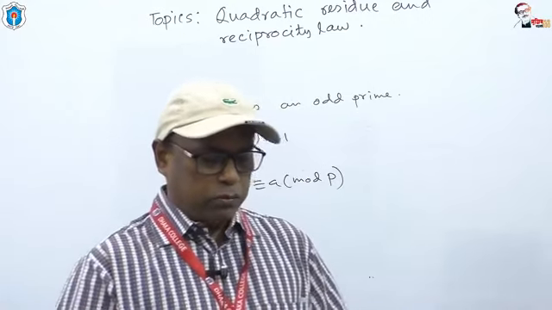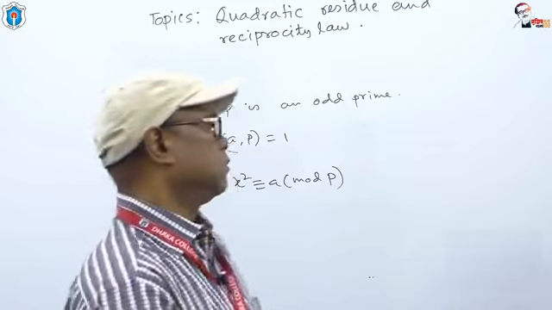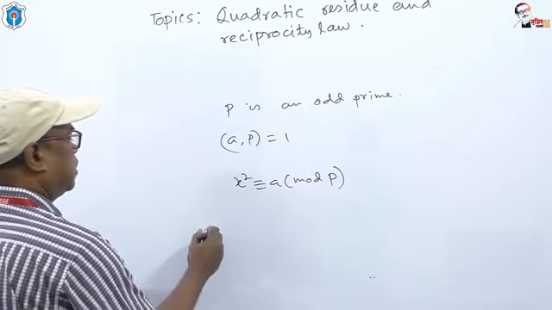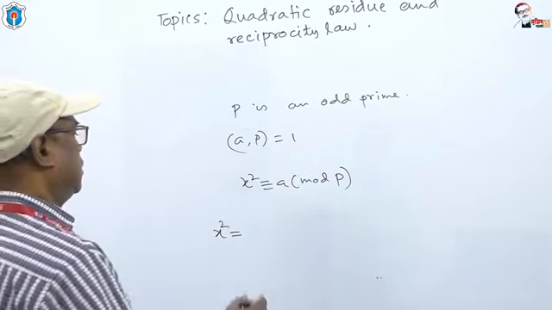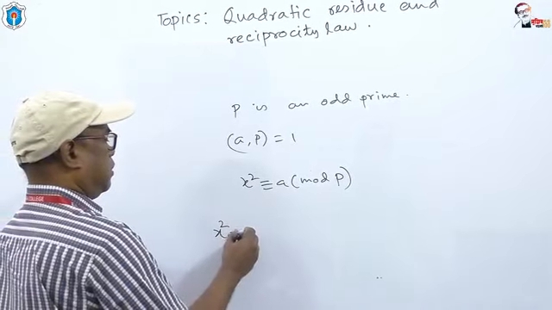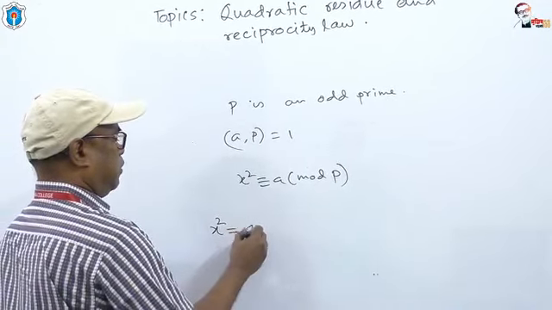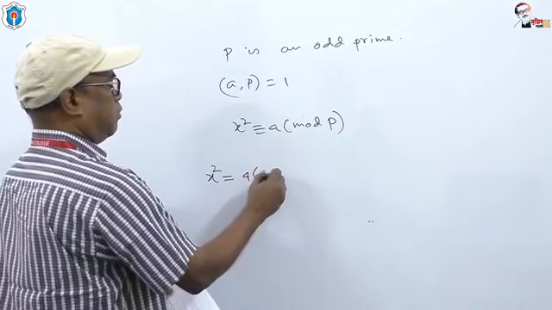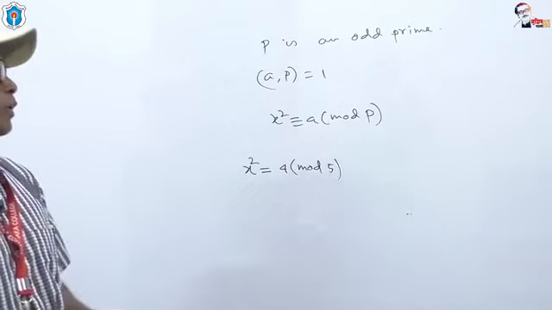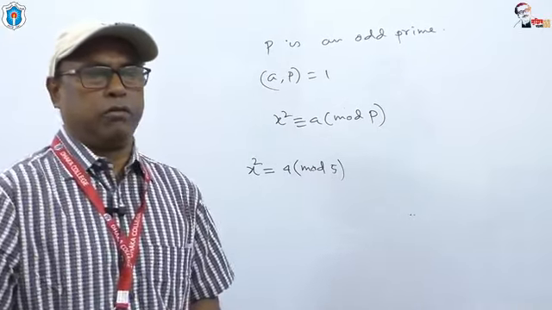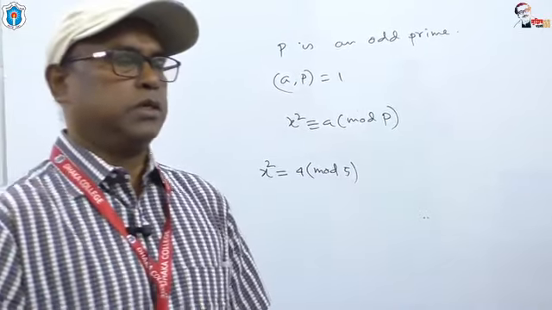For example, x square congruent to 4 mod 5. 4 is an integer, 5 is an odd prime, and its GCD is 1.